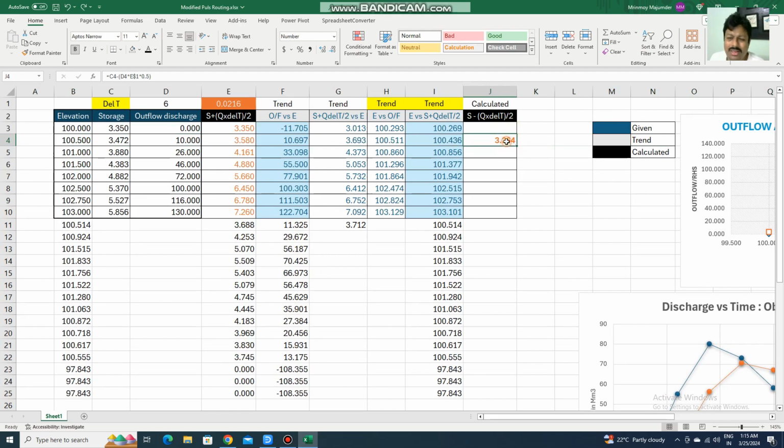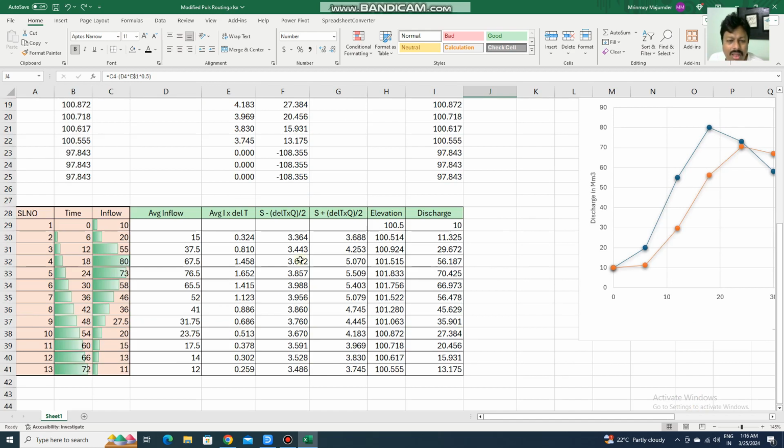How? It is very easy. S is this S, corresponding to the elevation at which the flood is striking the reservoir. Q is this Q, and del t is the del t. So just multiply and you get 3.364.